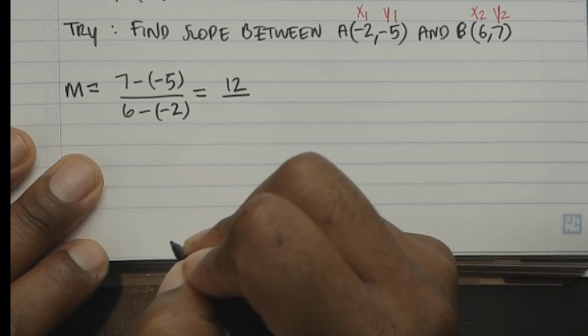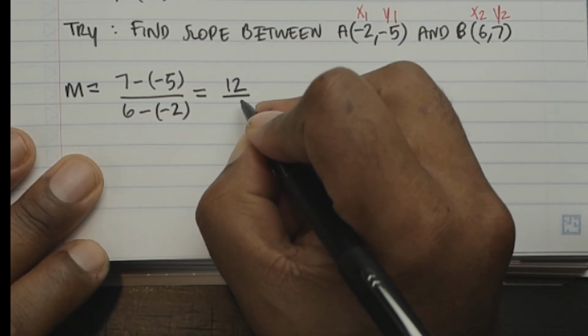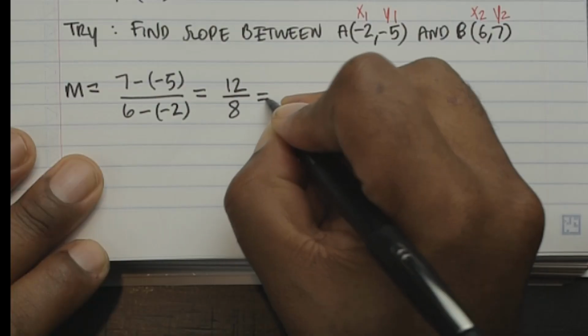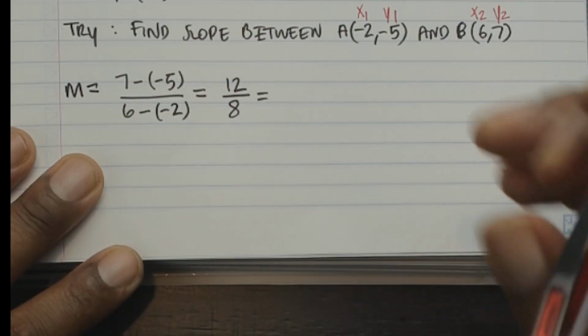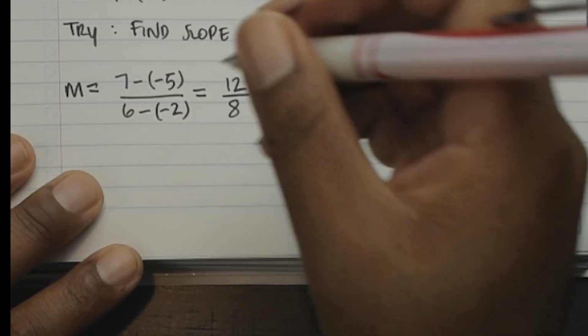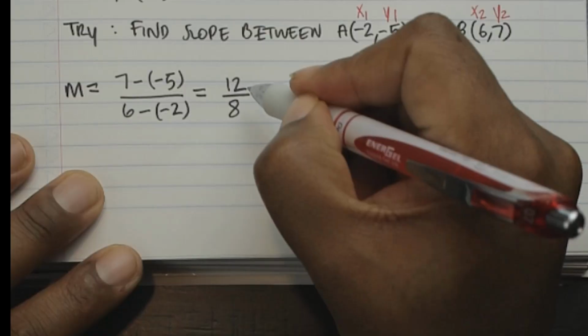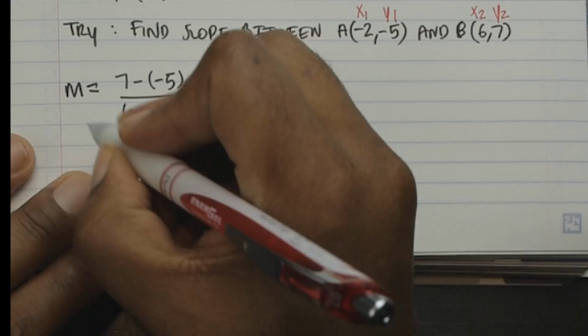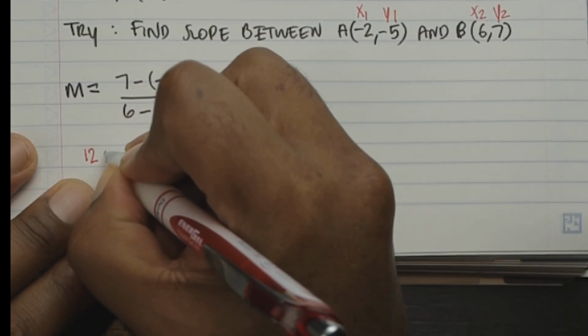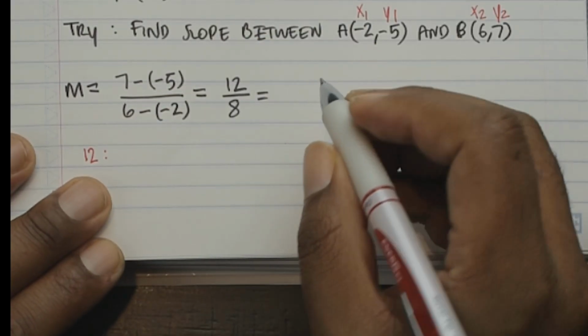Those two negative signs make it a positive, and I'm going to end up with 8. This can be simplified. The way you want to think about common factors is, what two numbers multiply to give me 12.